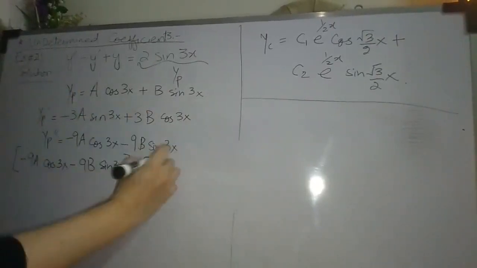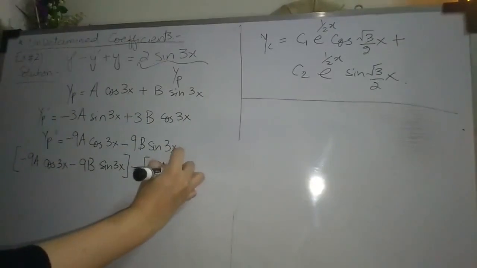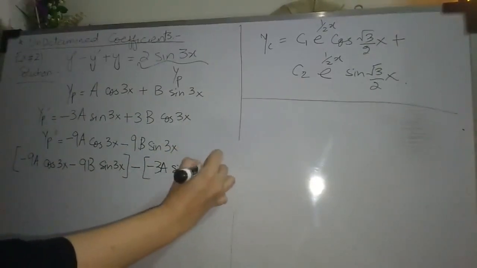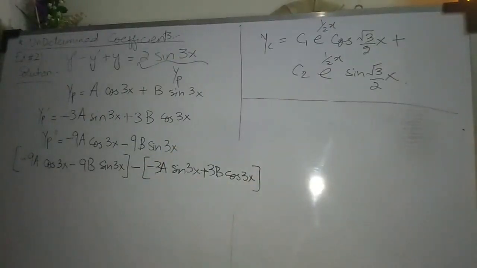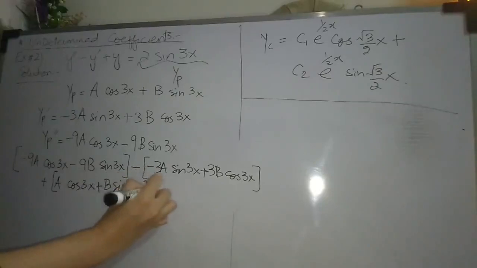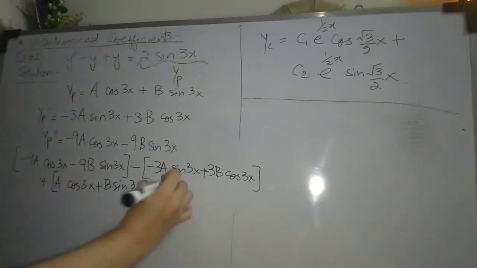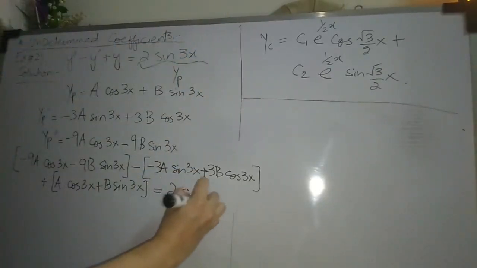Yp dash is minus 3a sin 3x plus 3b cos 3x. Alright, and yp plus yp, so that becomes a cos 3x plus b sin 3x equals the right hand side, that is 2 sin 3x.